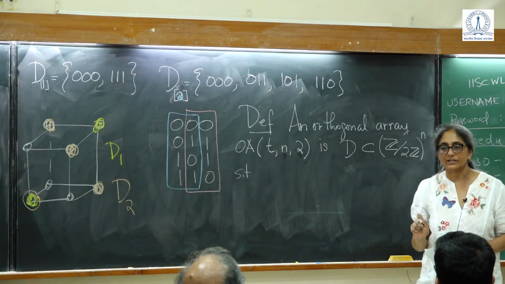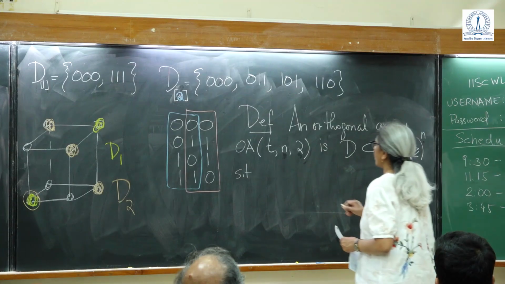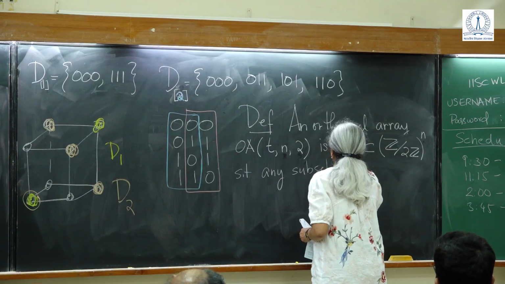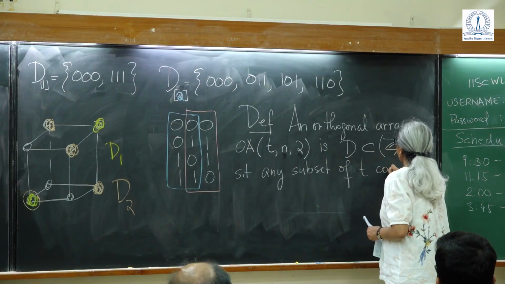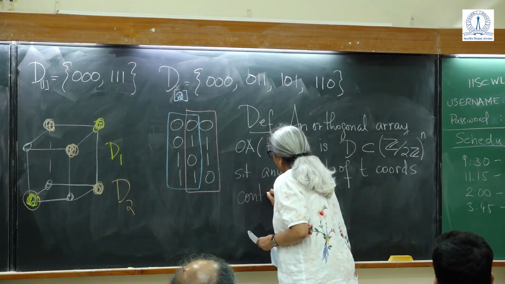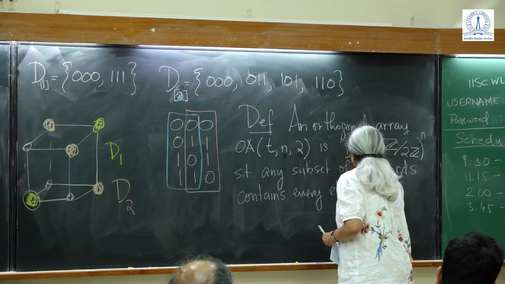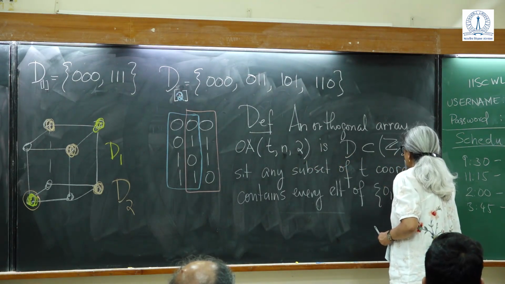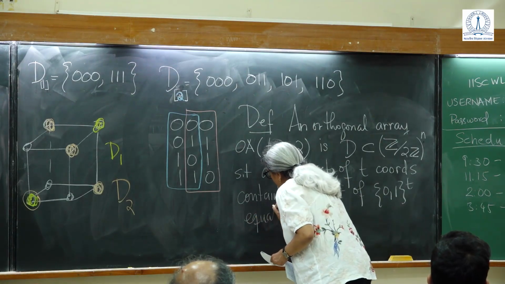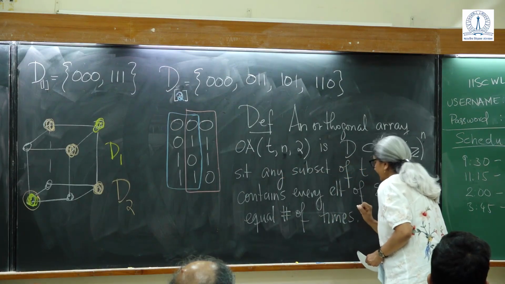It's a collection of length n strings such that any subset of t coordinates contains every element of 0, 1 to the t an equal number of times. This is an orthogonal array, okay?